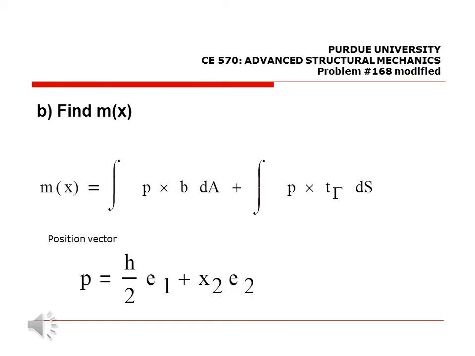Step 2. Find Mx. Mx is equal to the integral of p cross product b in dA plus the integral of p cross product tau gamma in ds. So the position vector p is equal to h over 2 plus e1 plus x2 in e2. We must remember b is equal to 0.